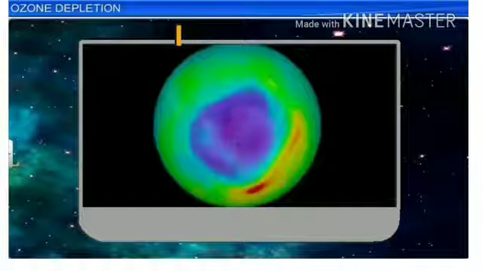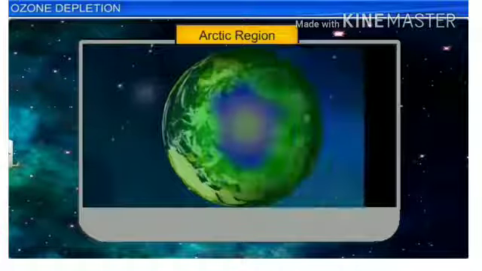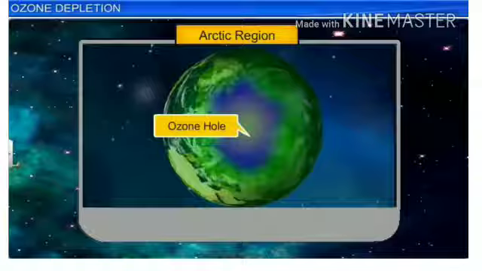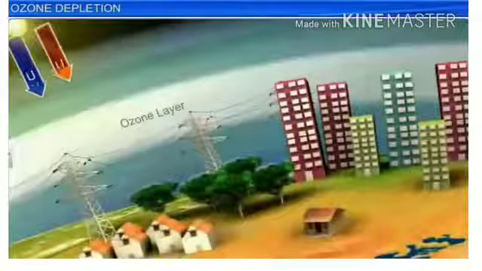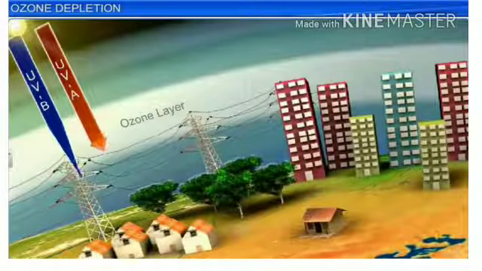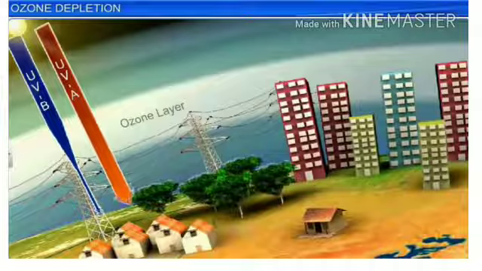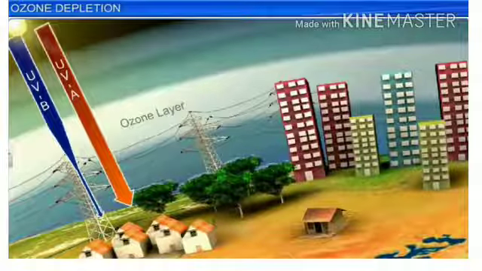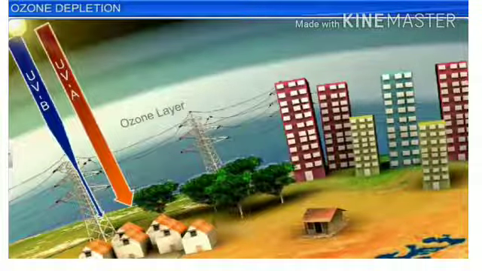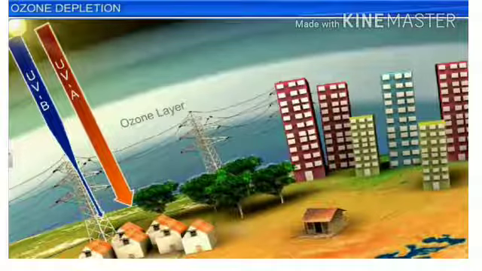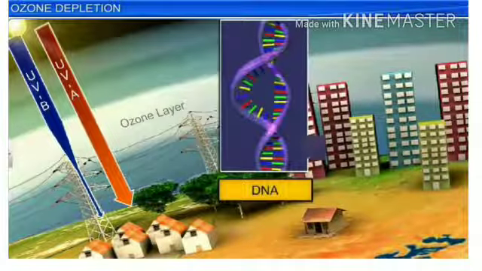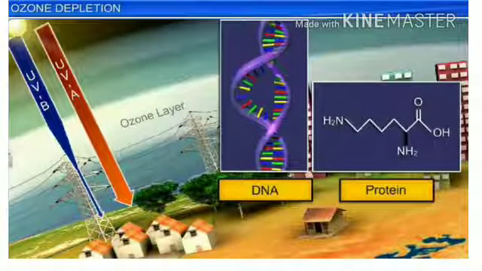Similarly, there is an ozone hole over the Arctic region, but over a smaller area. The thinning of the ozone layer has made it possible for ultraviolet rays to reach the Earth's surface. These rays are highly injurious to organisms as they break the chemical bonds in DNA and protein molecules.